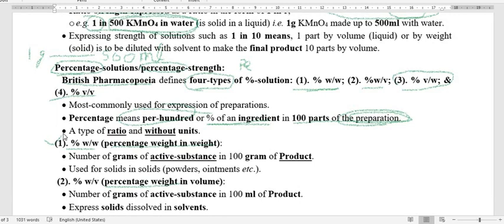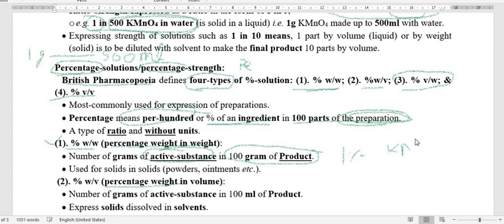So percentage weight by weight means the amount of active constituent, active ingredient, active substance present in 100 gram of final product is called weight by weight percentage. Let us take an example: 1% KMnO4.